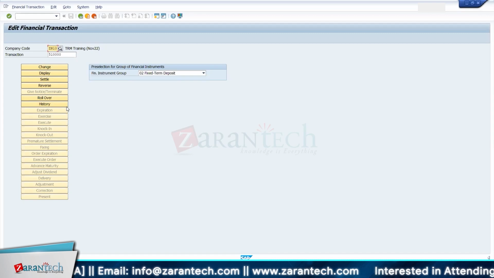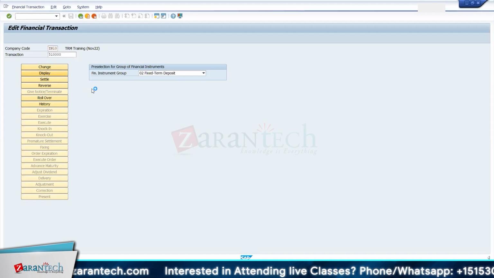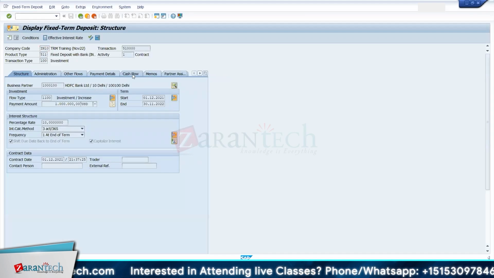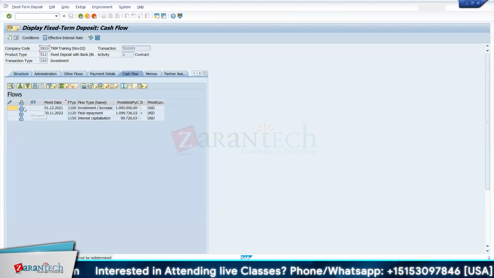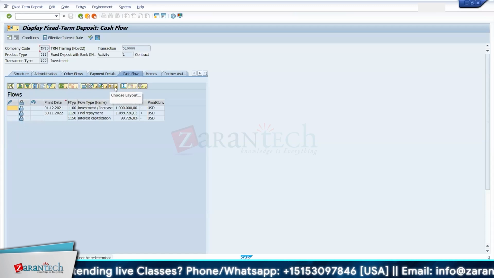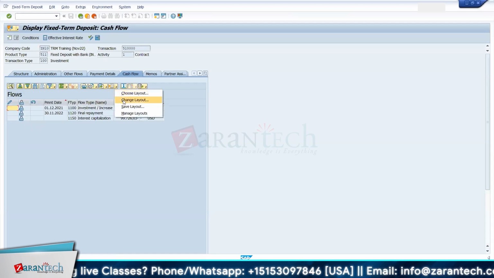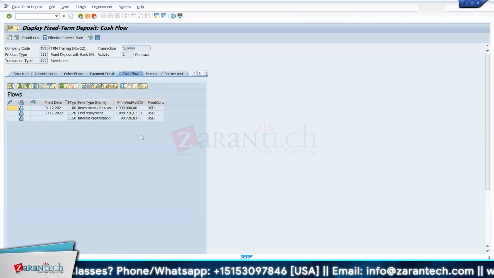Currently I'm going to settle this, because settle means an approval. Once I settle, the status will get changed. Currently I'm showing you as a display. Here you can see currently it is blocked. And if you see the status here, change layout.